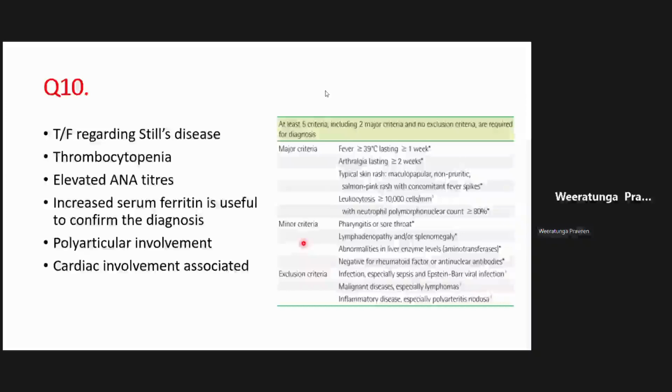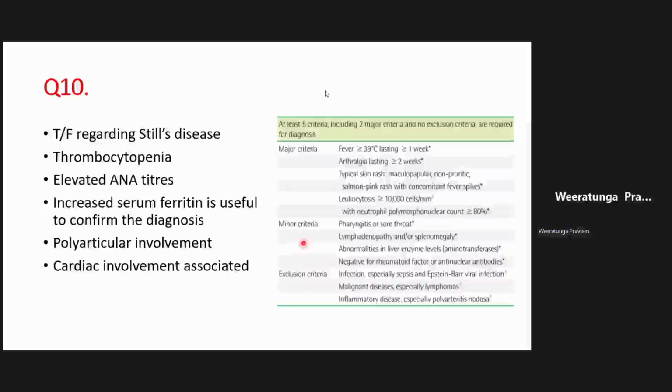So fever, rash, neutrophil leukocytosis, thrombocytosis, and usually inflammatory markers are very high. Serum ferritin is extremely high, right? The rheumatoid factor and ANA are by definition negative, and as I told you, they can have very severe joint pain.